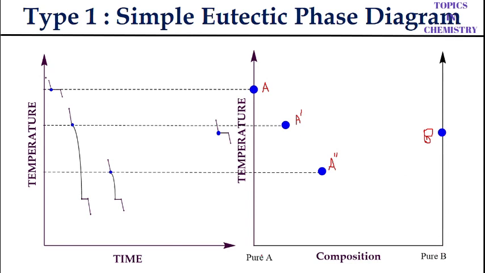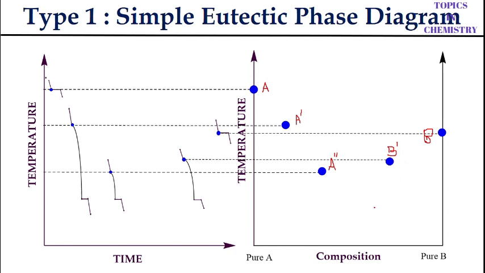Now you have to mix A in B, and when you mix A in B, freezing point depression of B occurs. So this point stands for the freezing point of B, and here it is not 100% pure B. You will get a point here, and suppose the name is B prime.